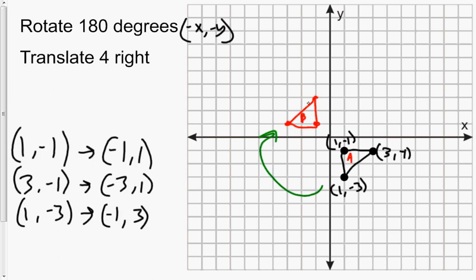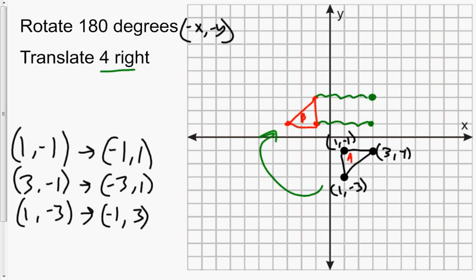Now that's only the second shape. We need to get to the third shape, which would be after now taking that shape and translating it 4 to the right. So translating 4 to the right, remember, move all the points 4 to the right. So I go 1, 2, 3, 4 to the right here. I go 1, 2, 3, 4 to the right here.